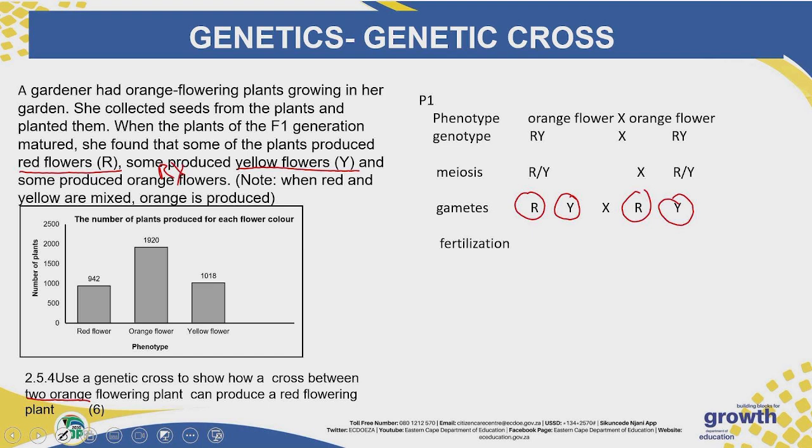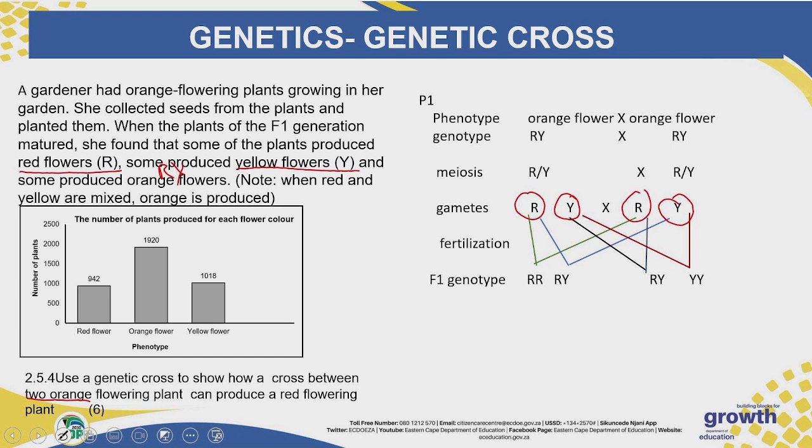Okay, then you have fertilization. Now the R and the R there will give you capital R, then the one in blue is going to be RY, and then the Y and the R, you can put them as RY again, just for the sequence of the alphabetical letters, and then the Y and the Y.